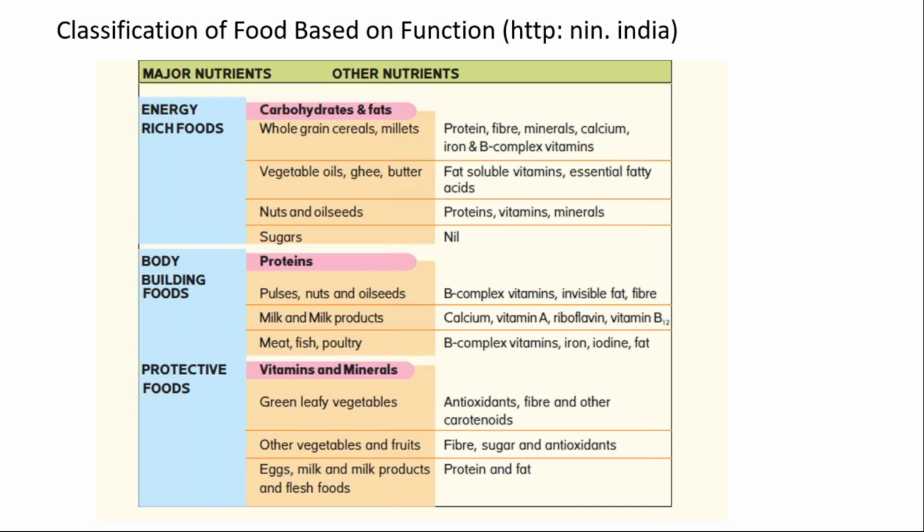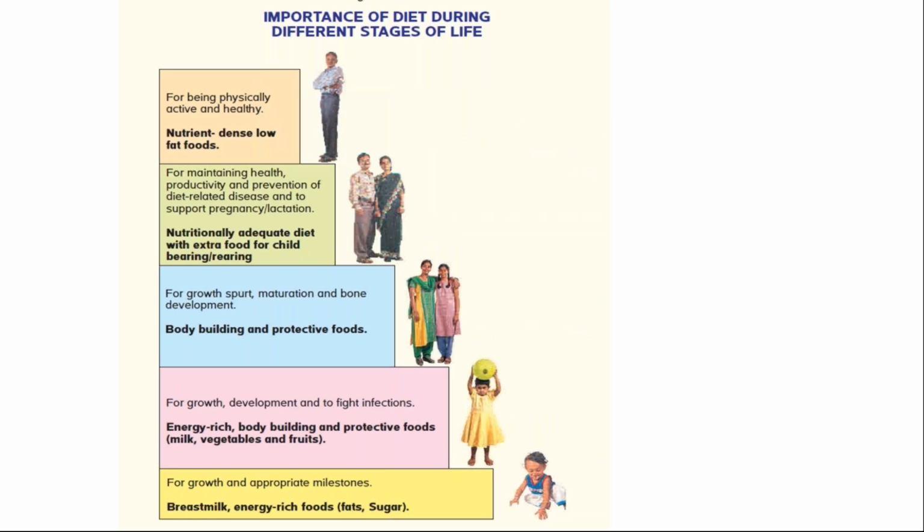The NIN also classifies the food and tells you the importance of diet based on the different stages of your life. If you start with the infant or the toddler, you need a large amount of energy rich foods, that is especially fat and sugar and breast milk, for growth and reaching the appropriate milestones.